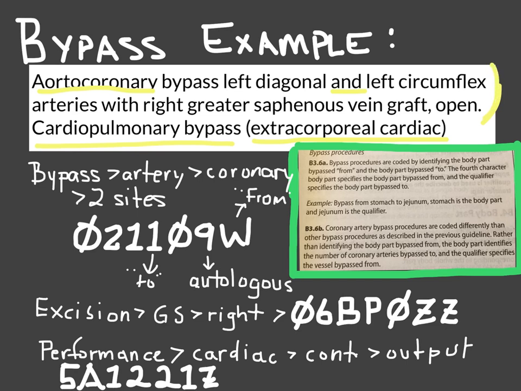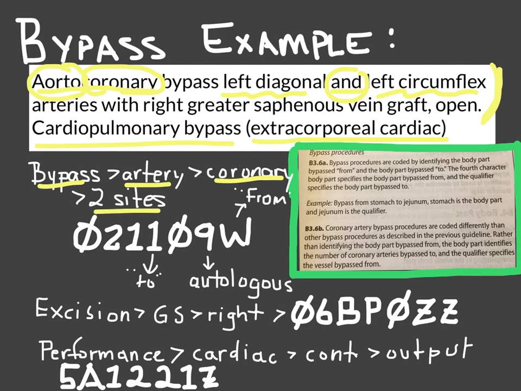So here we're doing a bypass from the aorta to the coronary arteries, two of them here, left diagonal and left circumflex. So we'll start with our main term in the PCS code book with our root operation of bypass, artery, coronary, and then two sites.